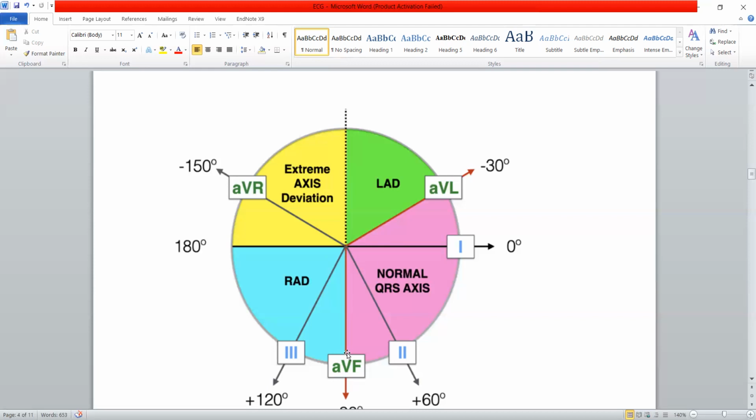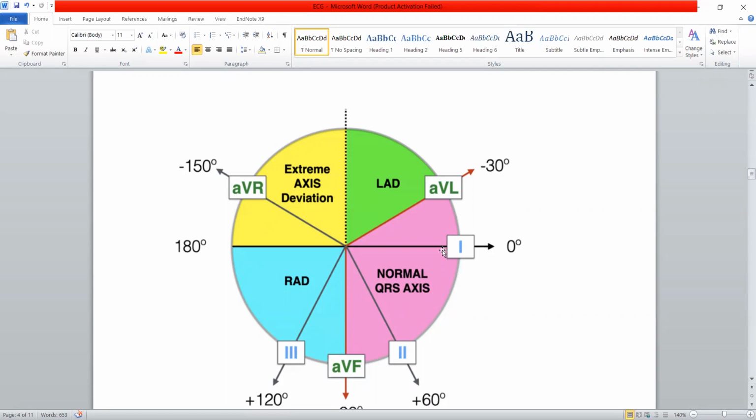The QRS complex is negative in lead 1, right axis deviation. Excellent. It's very simple. You just have to look at the QRS complex and determine the direction of the current with respect to lead 1 and AVF. So the QRS complex is negative in lead 1.